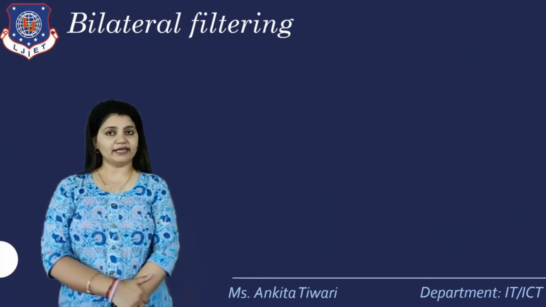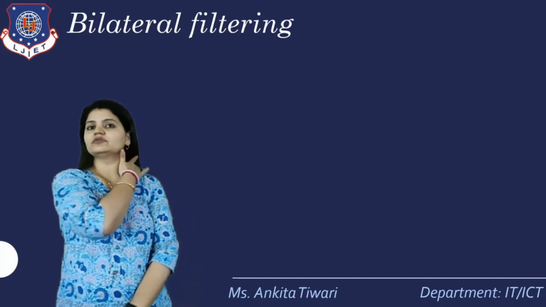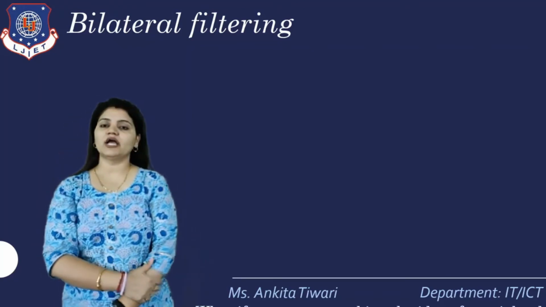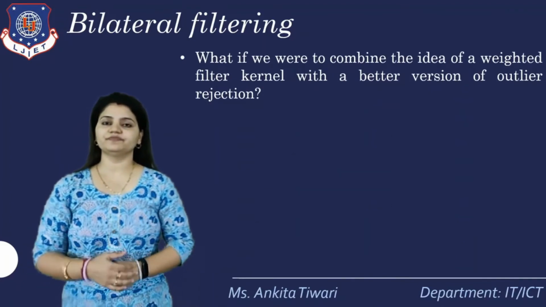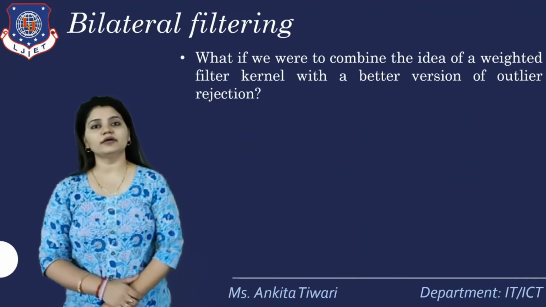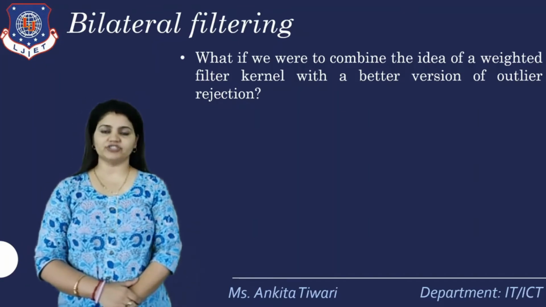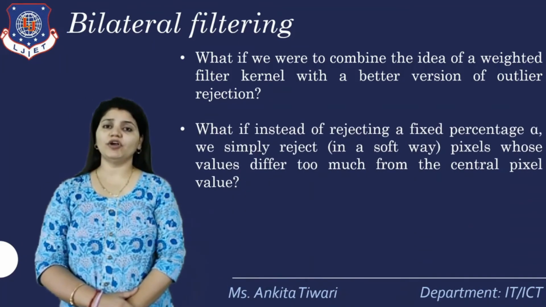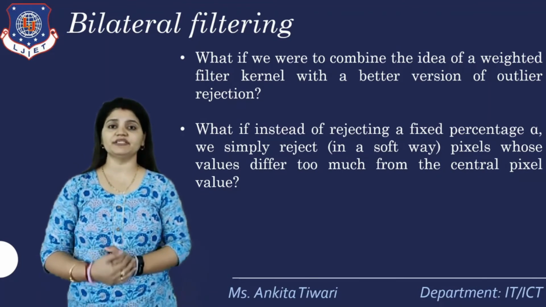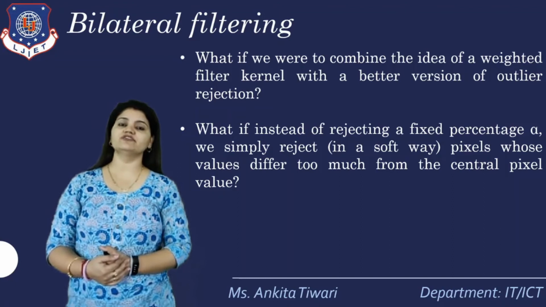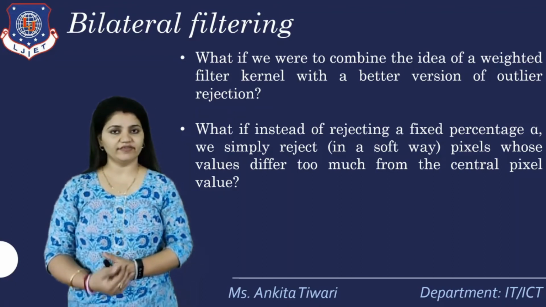Now we talk about bilateral filtering, which we have to learn about. What if we combine the idea of a weighted filter kernel with a better version of outlier rejection? What if, instead of rejecting a fixed percentage, alpha, we simply reject pixels whose values differ too much from the central pixel value?